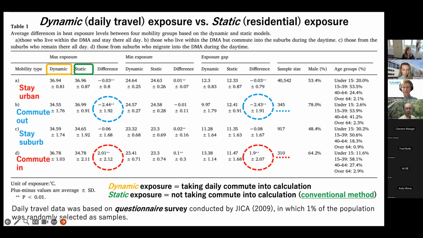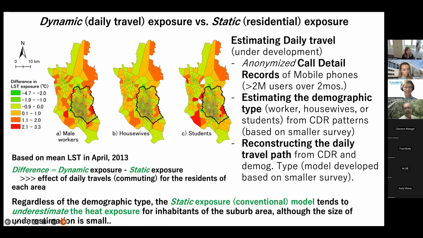We classified the people into four groups: some staying in the urban area, others staying in the suburb, and others commuting from inside to outside and from outside to inside. As easily expected, when we consider commuting, the heat exposure level was different. We have done a similar study using phone call records, and we obtained a similar result.